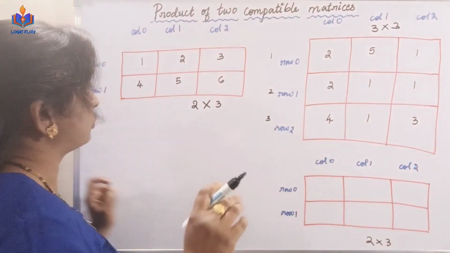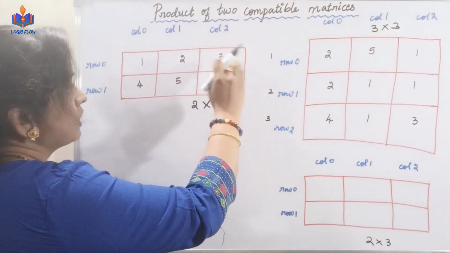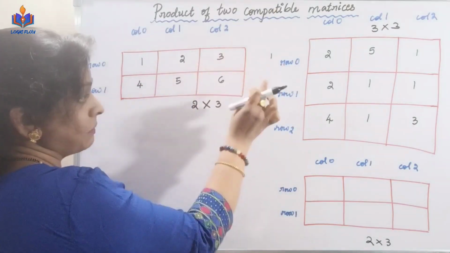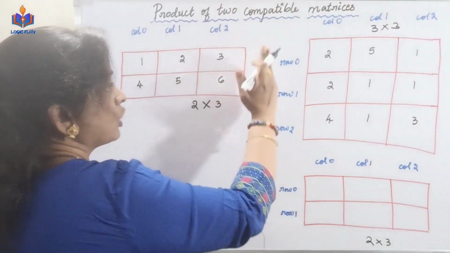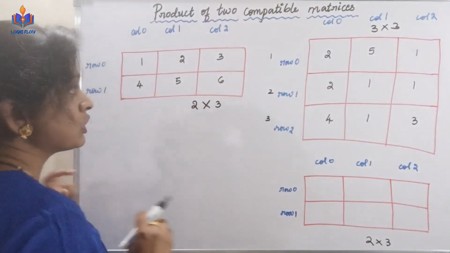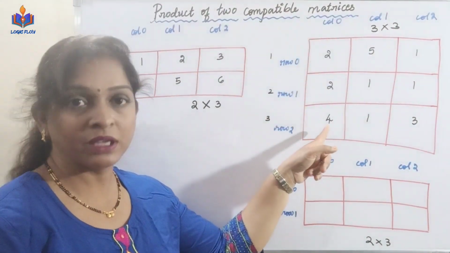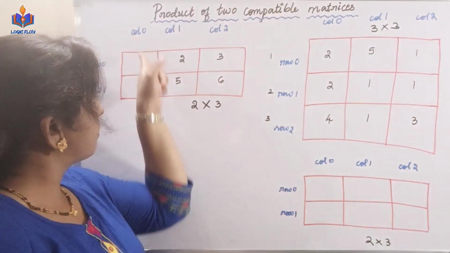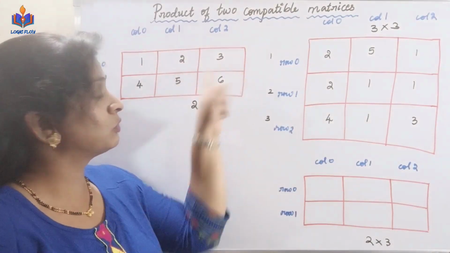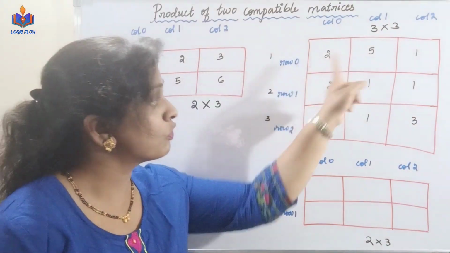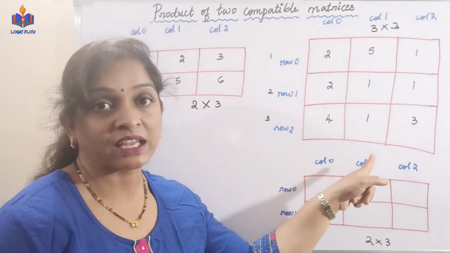So how do we do this? This complete row, we have to bring it here like this. Say 1, 2, 3 elements are written. This row is to be multiplied with the first column. When I am bringing the first row to the first column, it means the number of columns in the first matrix should be equal to the number of rows in the second matrix.